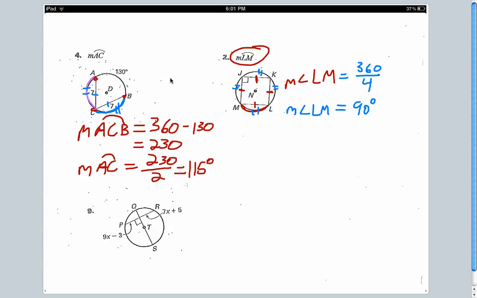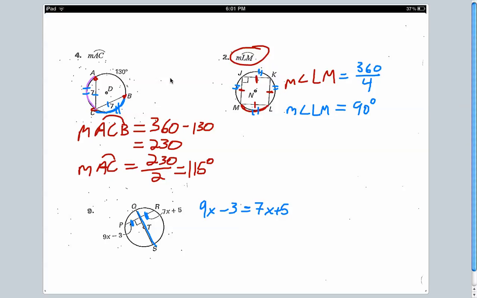Number 9 says this. I want to find x. Well, I know once again I've got this situation where QS is a diameter. That means it's a perpendicular bisector of PR, which means that this segment here must be congruent to this segment. Or we could say this, 9x minus 3 equals 7x plus 5.